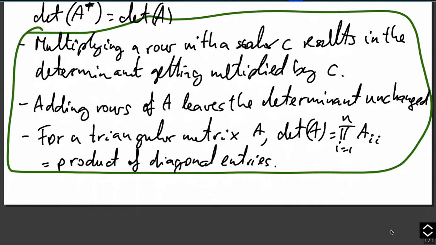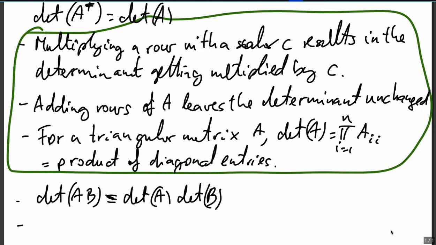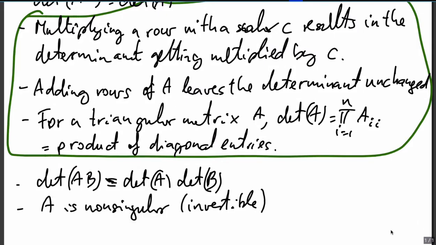Some other properties: if you multiply together 2 matrices, A and B, the determinant of the product is the same as the product of the determinants. Also, A is non-singular, which means invertible, if and only if the determinant is not 0.